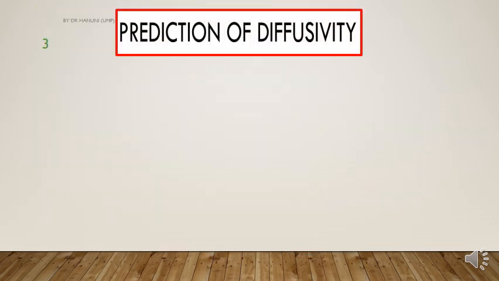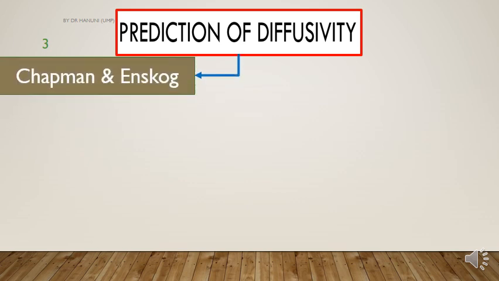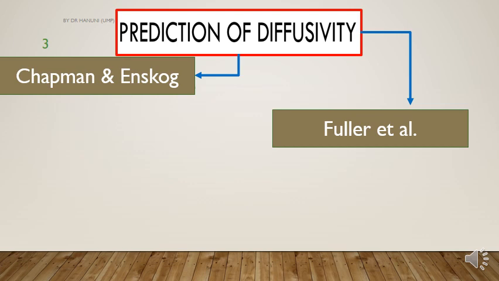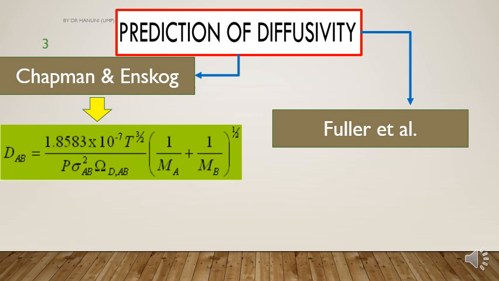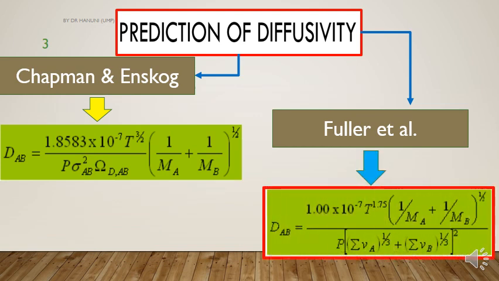Okay, for the prediction of diffusivity, there are two methods available. The first one is the Chapman and Enskog method, and the second method is called Fuller et al. Here is the formula to calculate the DAB using Chapman and Enskog, and this one is the formula to calculate the DAB using Fuller et al.